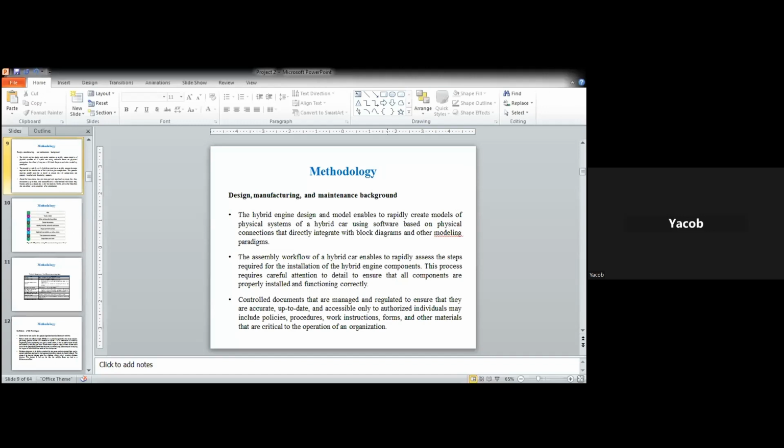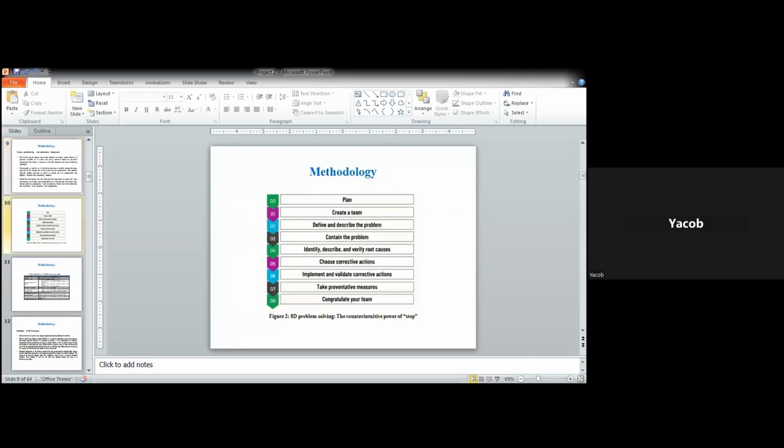The assembly workflow enables us to immediately assess the steps required for the installation. And the control documents are managed and regulated to ensure that they are accurate, up-to-date, and accessible only to authorized individuals. Documents may include policies, procedures, work instructions, forms. From these documents, again, we get this type of information.